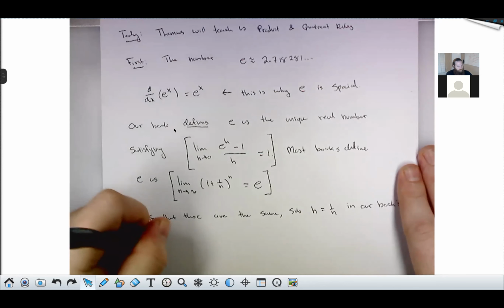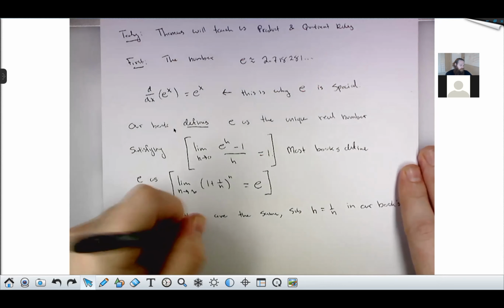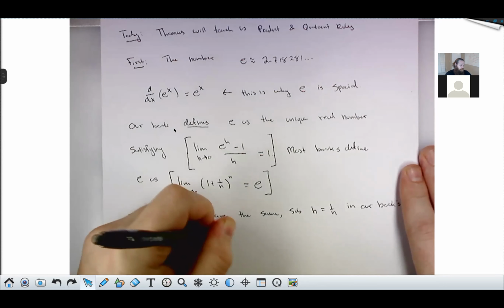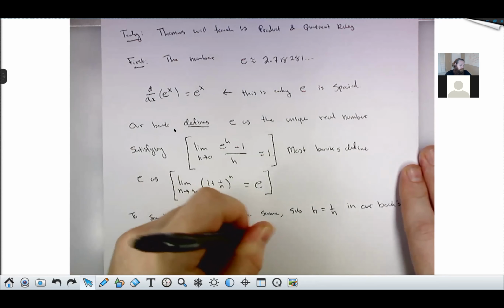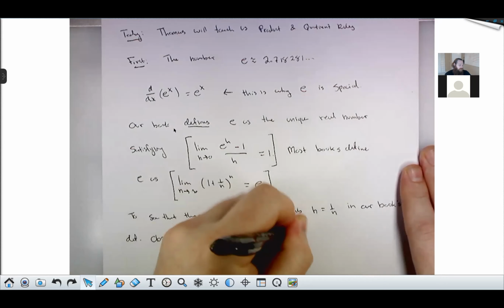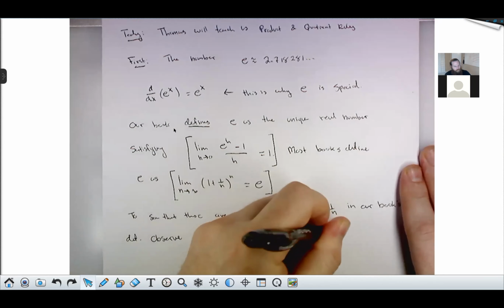Observe that for h to go to 0, we need n to go to infinity.